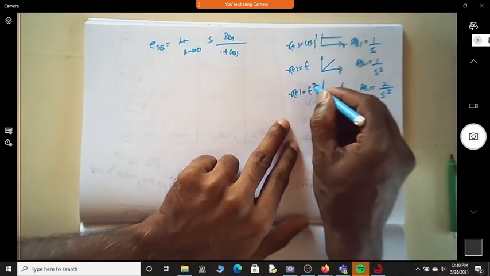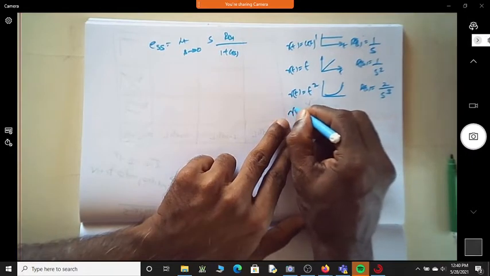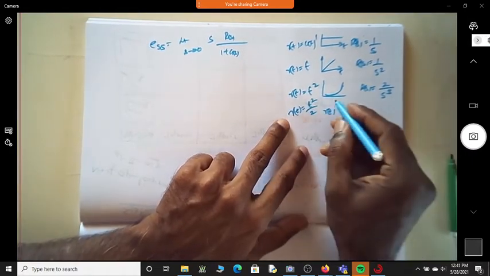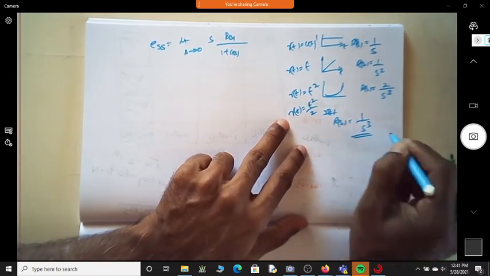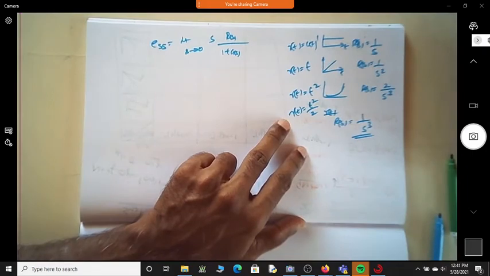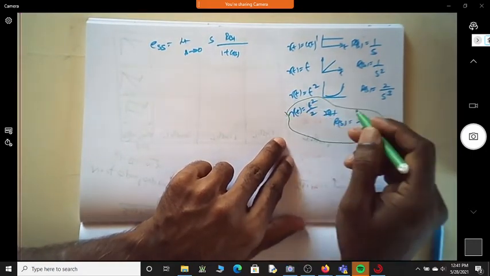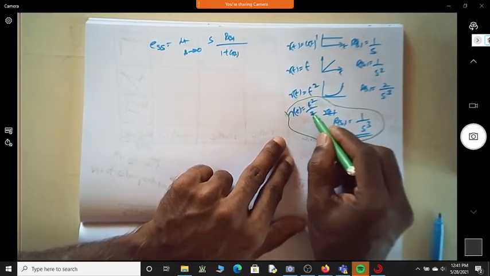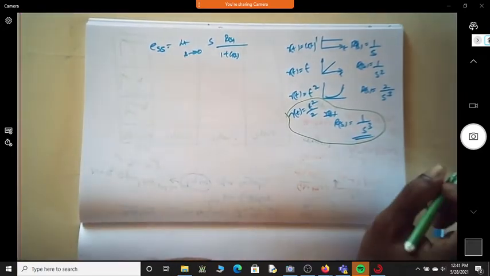So instead of taking t square as r(t), if I take r(t) equal to t square by 2, then what is R(s)? It is 1 over s cube. Yes, sir. So let us take r(t) as t square by 2, so that my R(s) is 1 over s cube.